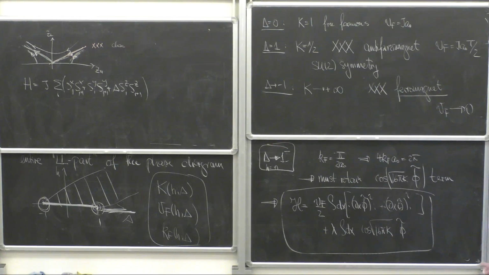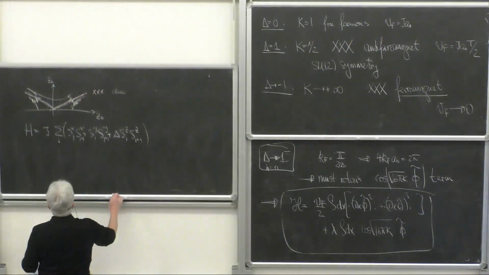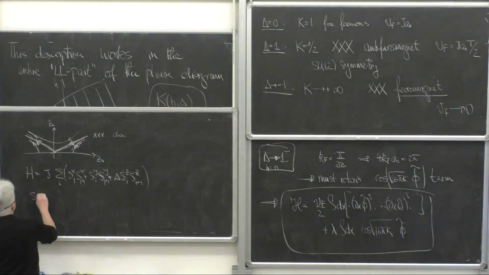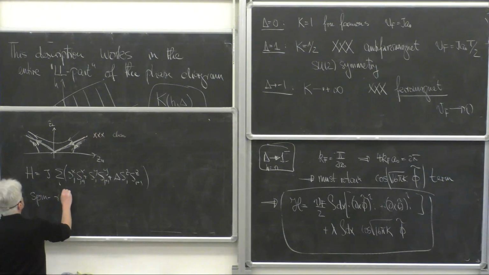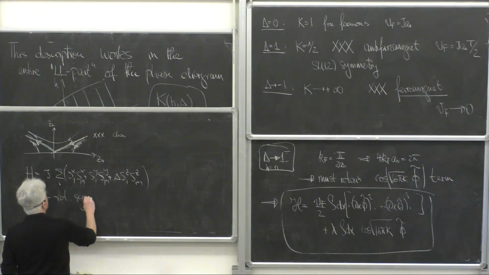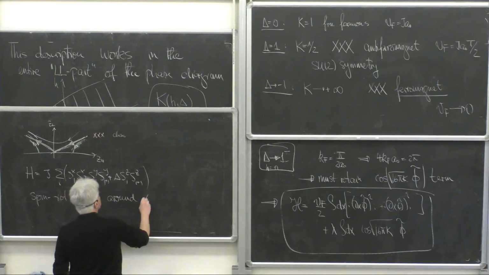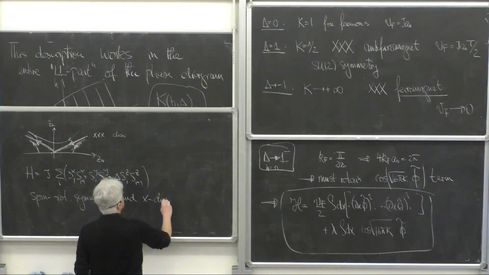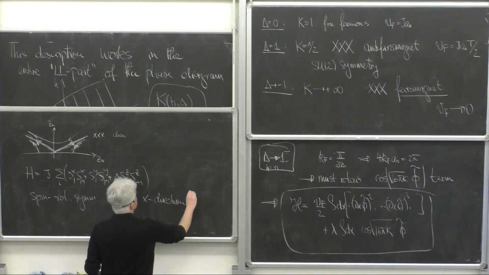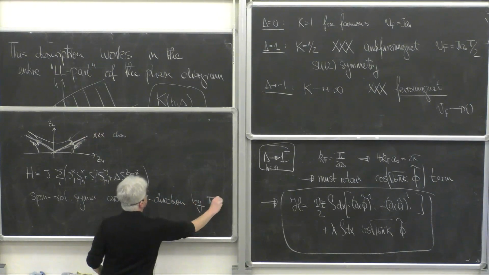And so I'm allowed to have the same physics as you have in the Ising model, to break the spin rotational symmetry around the x direction by pi.